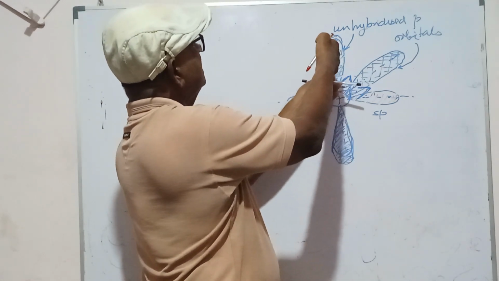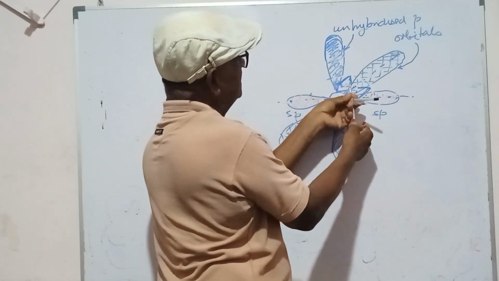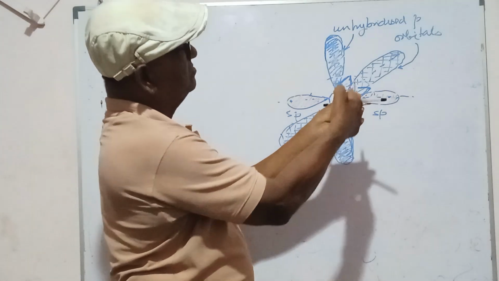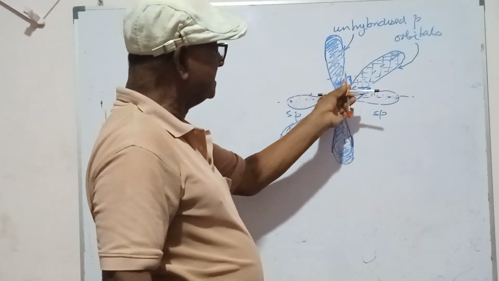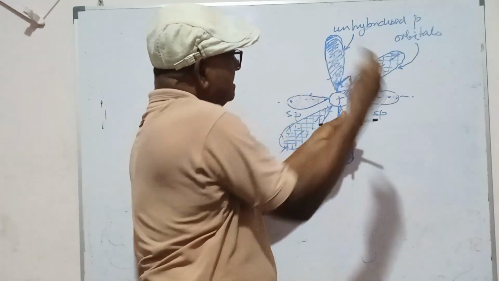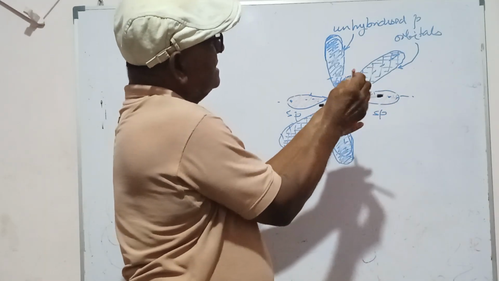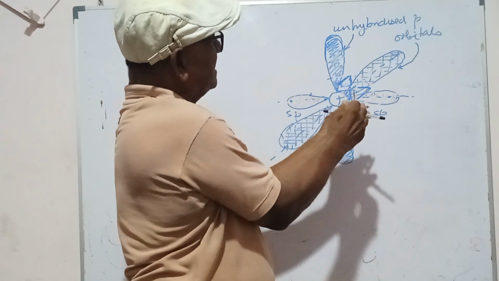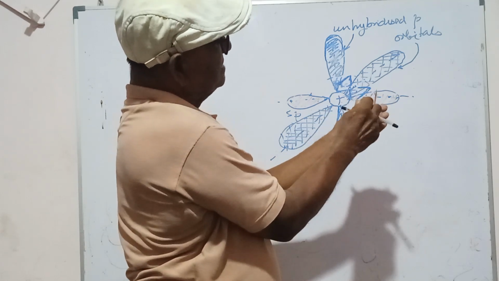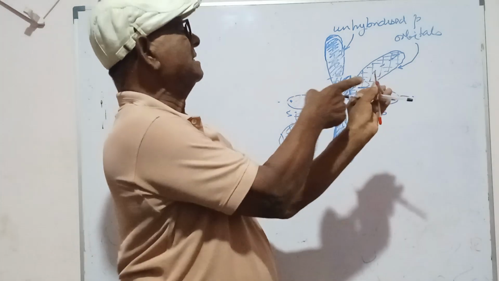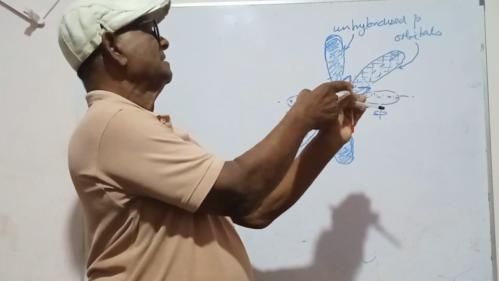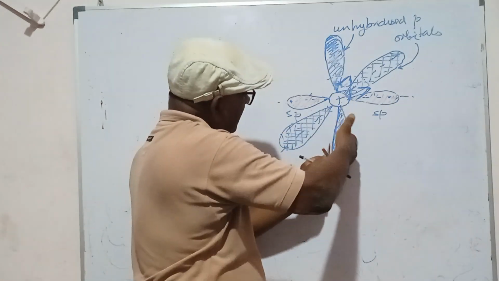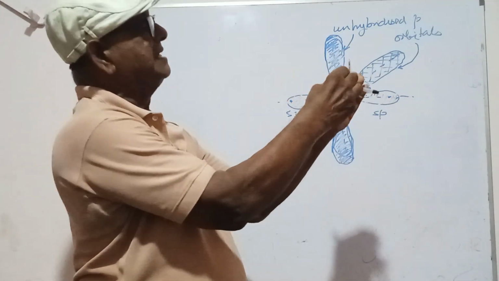So this is the unhybridized p orbital perpendicular to these two. Where are the other ones? It is not like this; this is the arrangement. This is the arrangement of these orbitals. Right? So see here, all are perpendicular to each other.